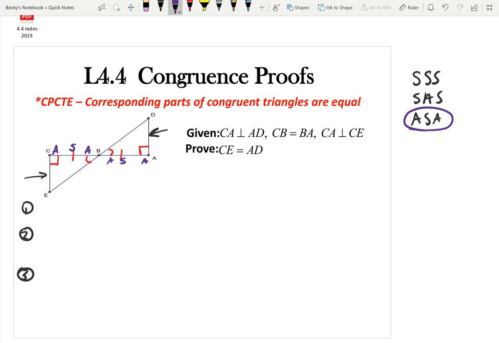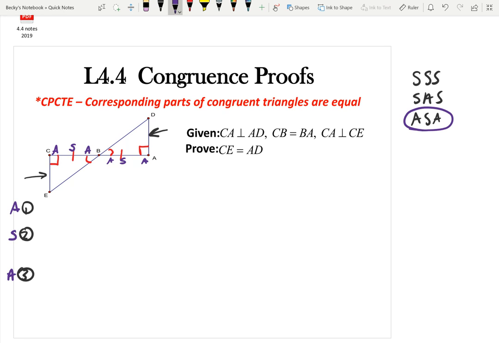As we do this, you don't have to go in this order, but this is a good method for a beginning flow proof student: an angle, and then the side, and then the angle. Again, it doesn't really matter what order you do it in, as long as you have all 3 steps. So if you accidentally do AAS or SAA, it's fine. Just have all the information there.